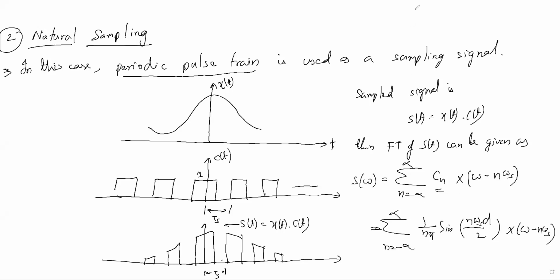Xn would be the Fourier series coefficient. And the Fourier series coefficient of this rectangular pulse signal is nothing but 1 by n pi sine of n omega s d by 2.